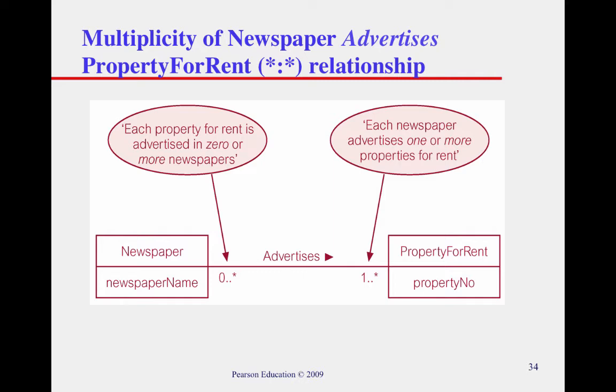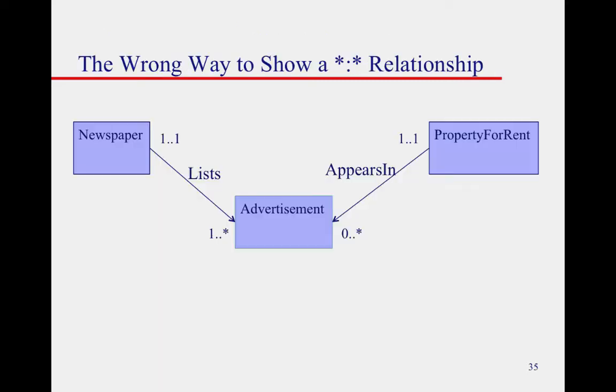Now, it's almost certainly going to get implemented as a relation when you map it to the relational database model. But in the ER diagram, it really needs to be shown as a many-to-many relation. The wrong way to show this many-to-many relation is a way many of you will be tempted to show it, which is like this.